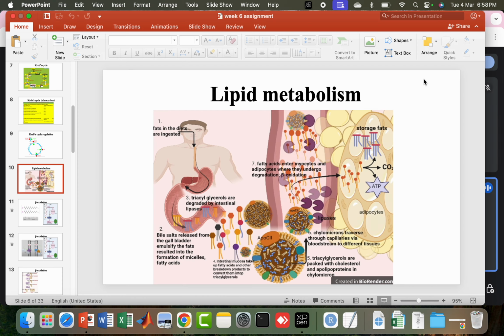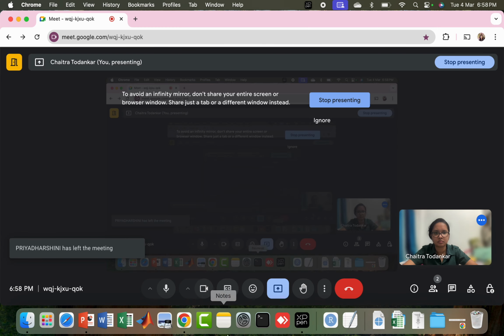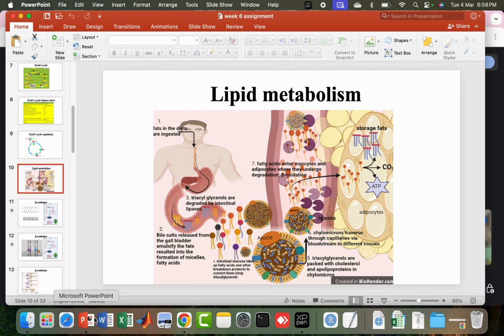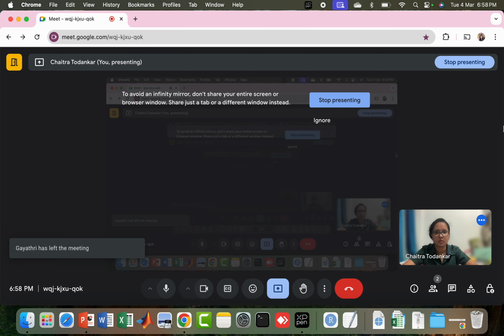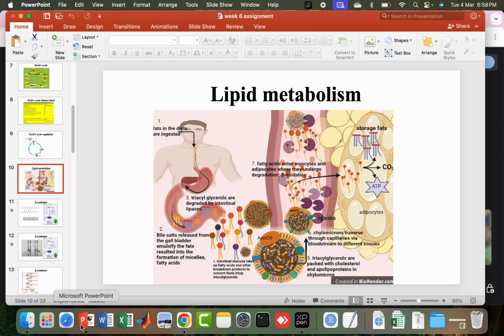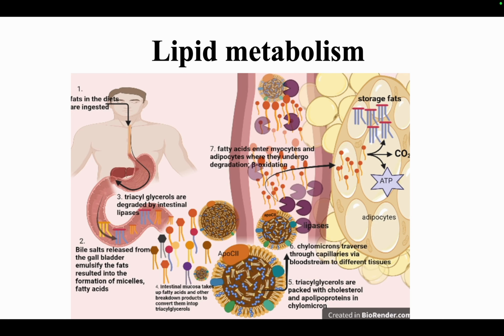Now we move on to lipid metabolism. In lipid metabolism, whenever we consume fatty acids, a fatty diet which is rich in fats, so it could be any oily food or fish or other non-veg, it could lead to generation of triglyceride in the intestine.